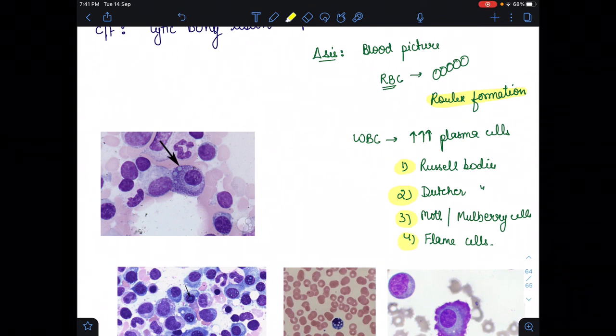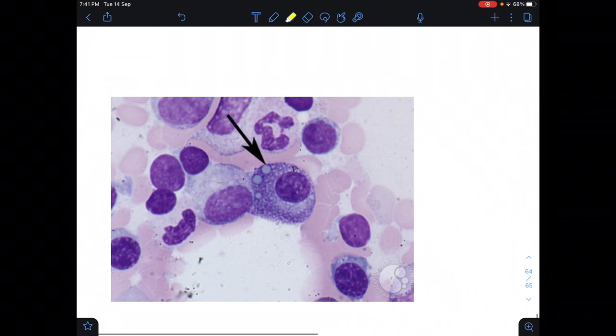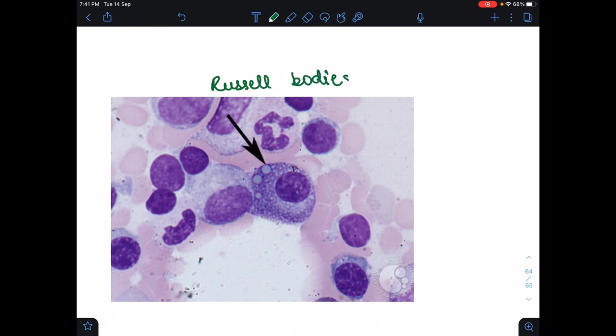In the Russell bodies, as we see here, how can we remember that it is a Russell body? As we know, Russia is on the periphery, and here the intracytoplasmic inclusion is seen.